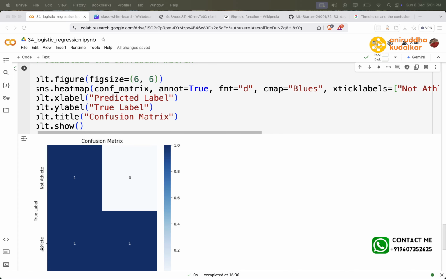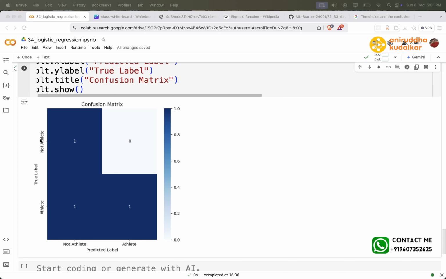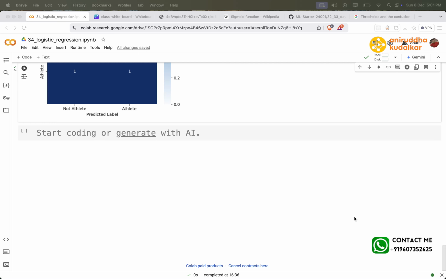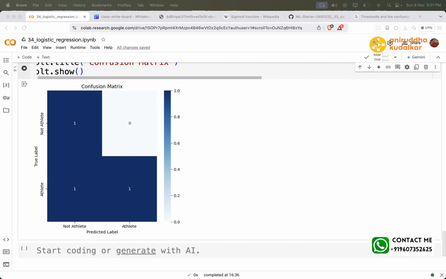Not athlete, athlete, these are the true labels. This one is not athlete, and this is the athlete. So probabilities are here 0 to 1. We get the confusion matrix to identify the true positives, true negatives, false positives, false negatives.